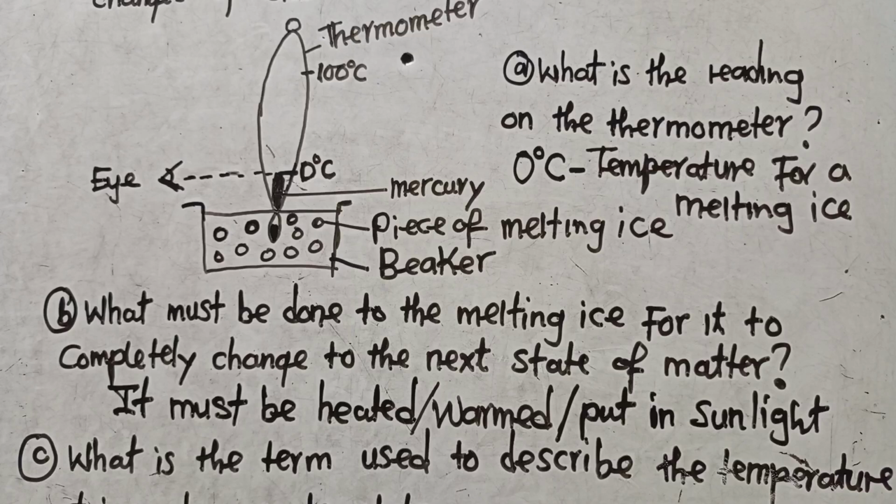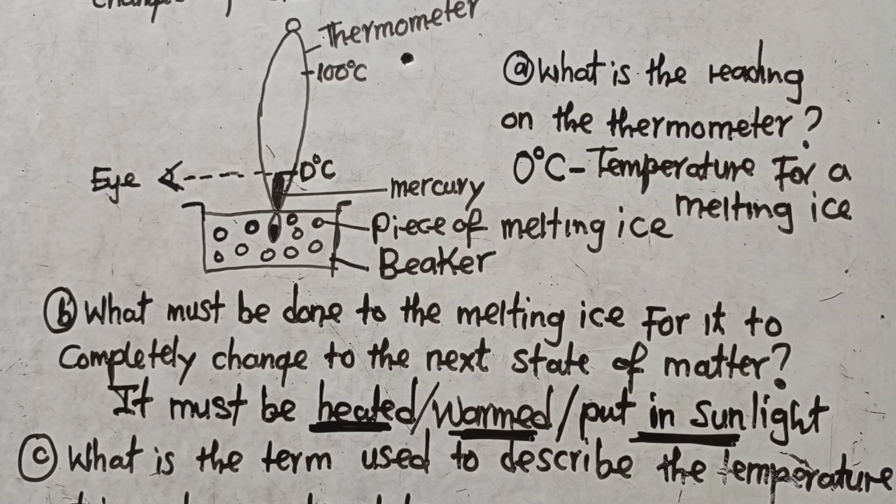Whenever we are talking about ice, if you want to completely change its state, we need to heat the same ice, or we can warm it. You discover that it can change to another state. Or if we put it under sunlight, it can change its state. This is what you are supposed to understand.